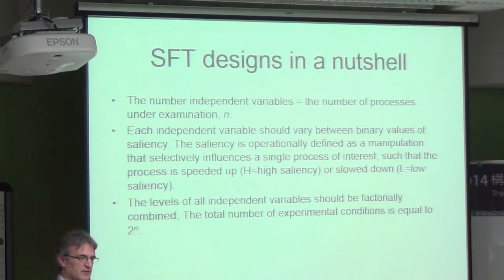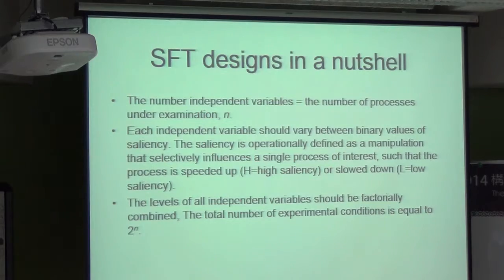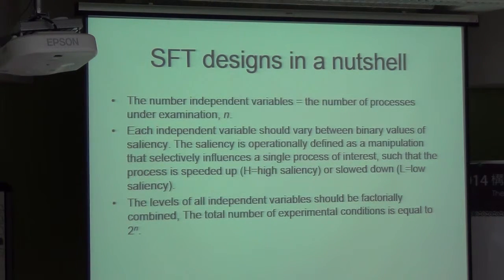What kind of stopping rule, self-terminating or exhaustive? Are these two processes independent or not? So you need to have in the design two independent variables. This is the first thing, at least two. With three processes, three independent variables.